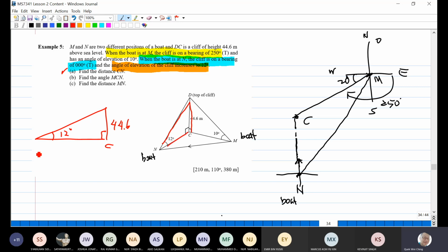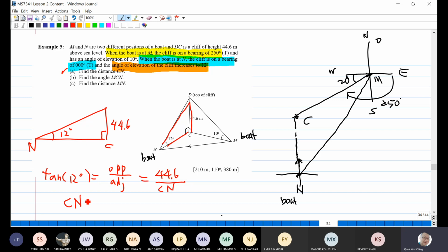So where is the distance CN? You can use tangent again. Tangent 12 degrees is opposite over adjacent, which is 44.6 over CN. So you press the calculator.